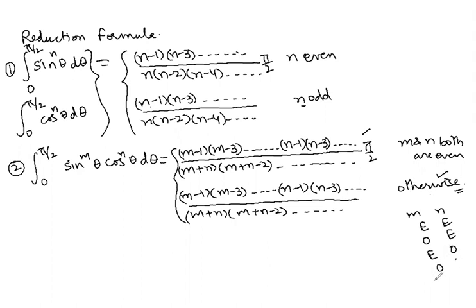And when both are odd, it is also there in the second case. So otherwise वाला case ये तीनों को contain करता है, m odd n even, m even n odd, m odd n odd. Okay, only when both are even do you multiply it with the term pi by 2, otherwise you will not write pi by 2 if any one of them is odd or both odd.